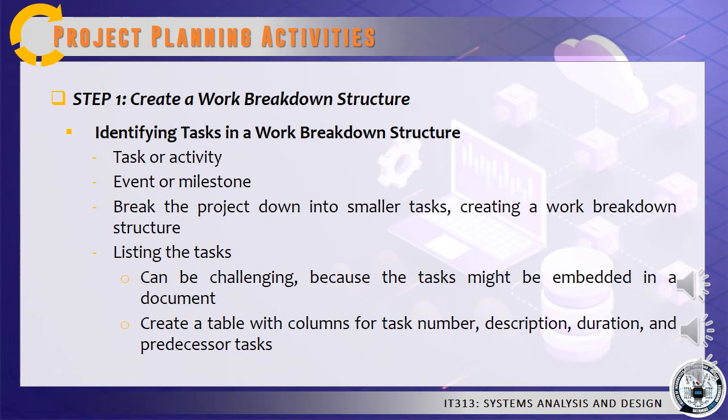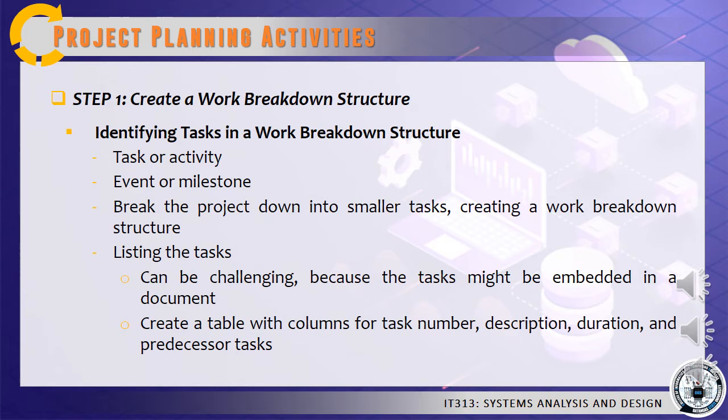Identifying tasks in a work breakdown structure, or WBS. A work breakdown structure must clearly identify each task and include an estimated duration. A task or activity is any work that has a beginning and an end and requires the use of company resources such as people, time, or money.